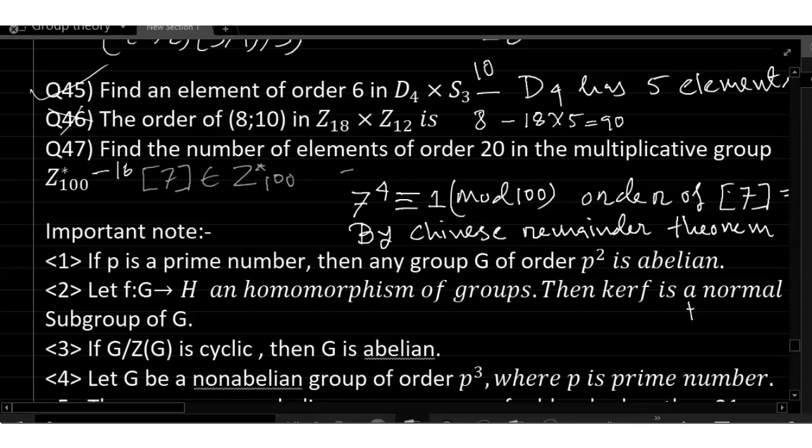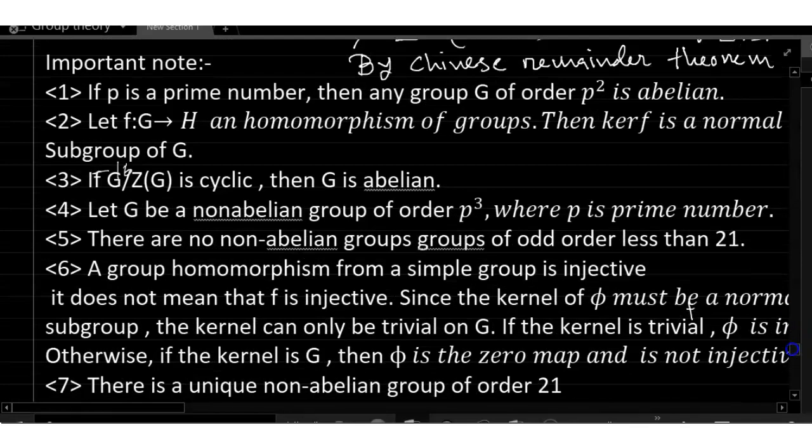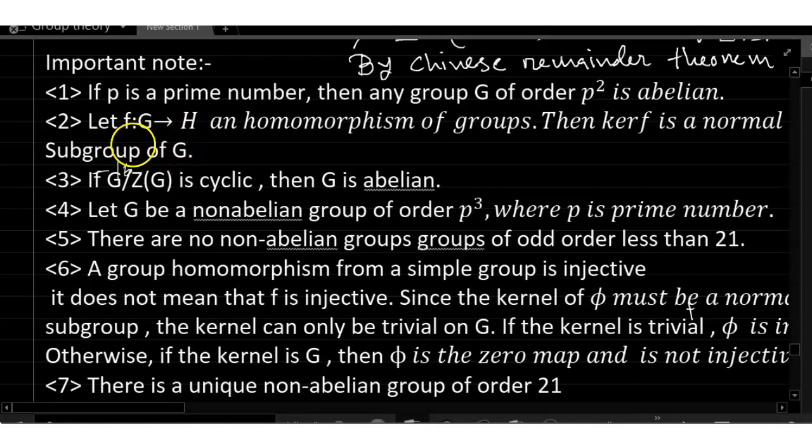Now we discuss important notes. If P is a prime number, then any group G of order P square is abelian.